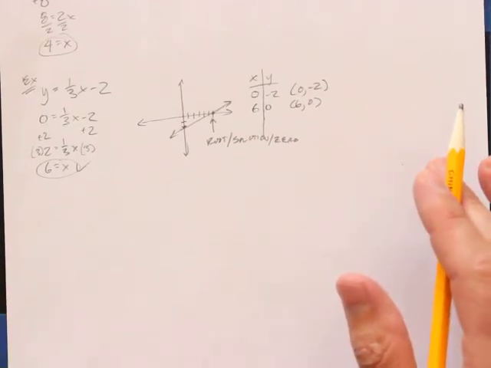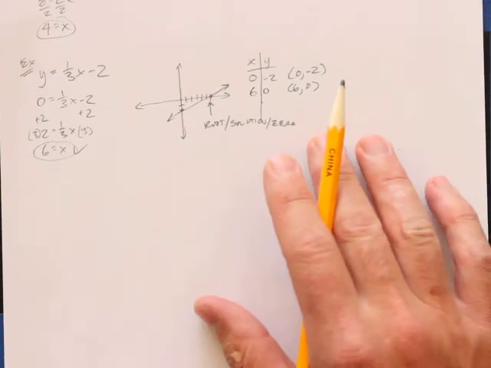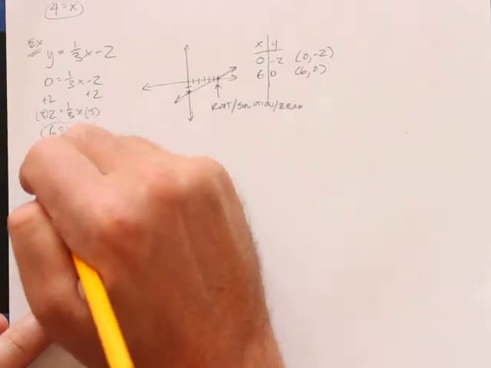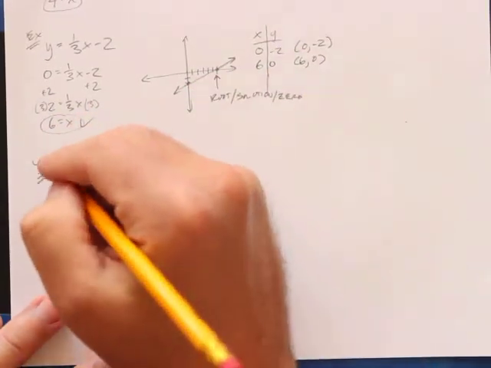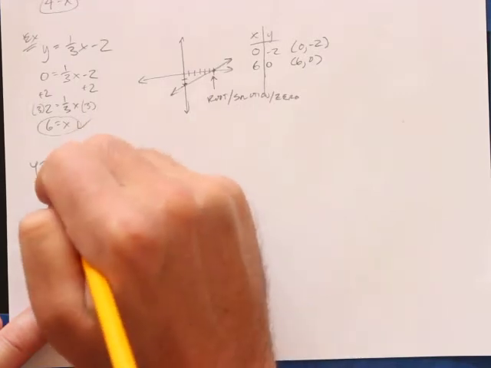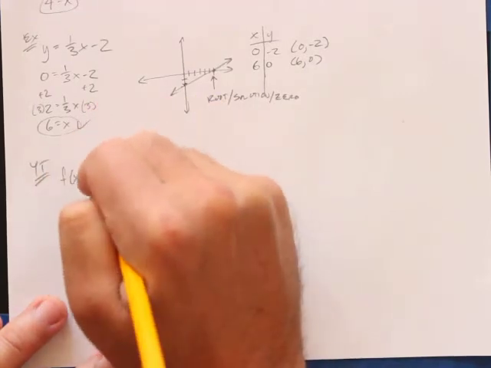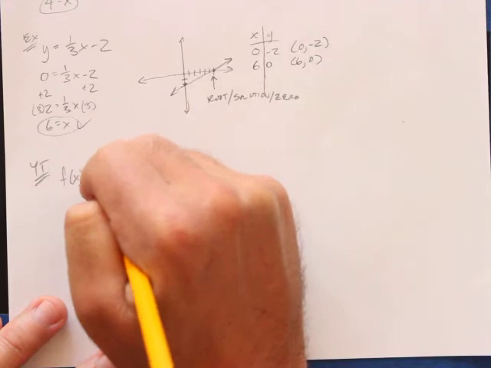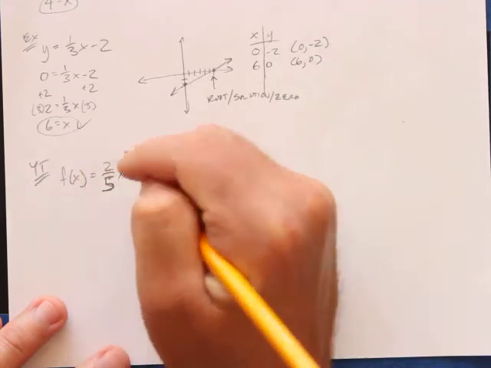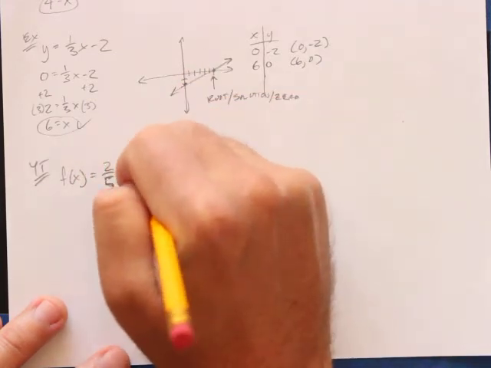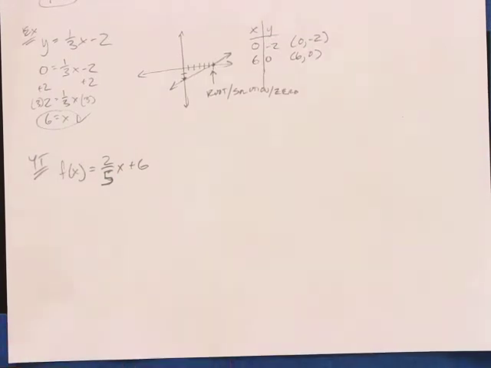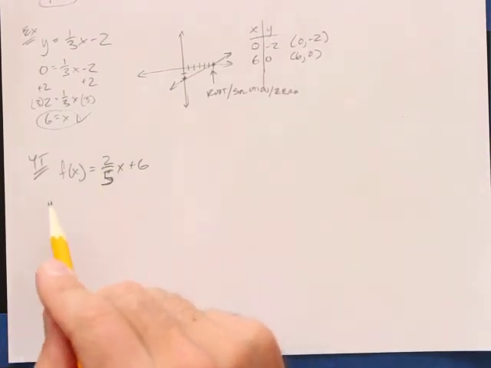Let's have you do one on your own, and then maybe two more on your own. Let's say f of x equals 2/5 x plus 6. Okay, go ahead and do this one.